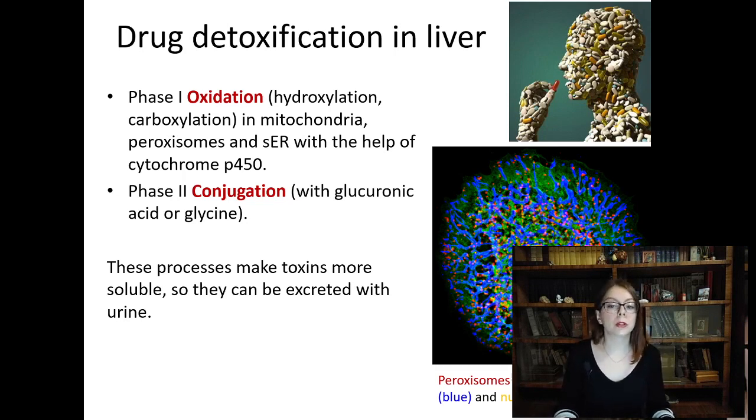Before prescribing some special drugs, first of all, genotyping is performed, estimating the set of enzymes which are present in this particular patient's peroxisomes. So to understand whether this particular drug will be effective in this particular patient, peroxisomes are analyzed first, and after that, the drug is chosen. So it is very important to understand.